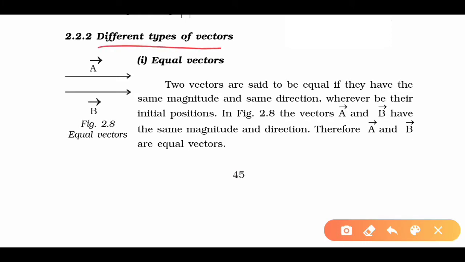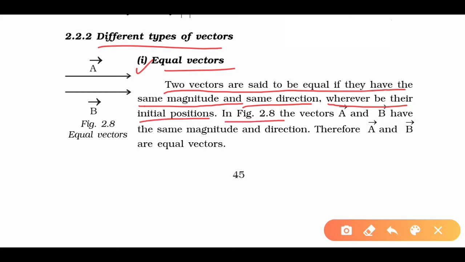Different types of vector. First one, equal vectors. Two vectors are said to be equal if they have the same magnitude and same direction, wherever be their initial position. As shown in figure 2.8, the vectors A vector and B vector have the same magnitude and direction.